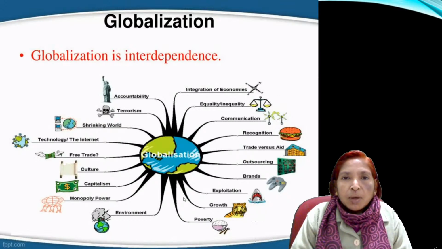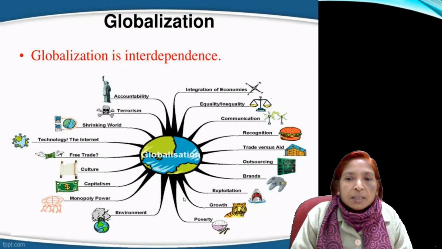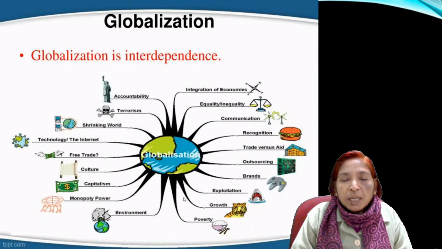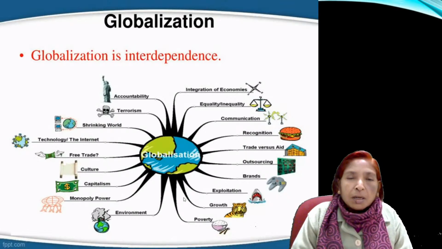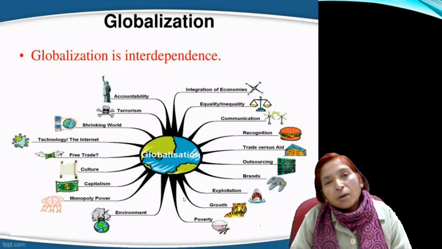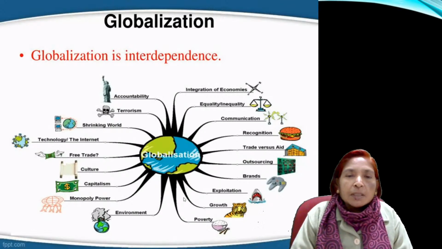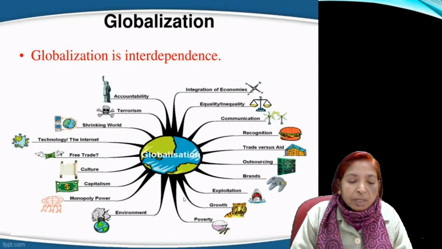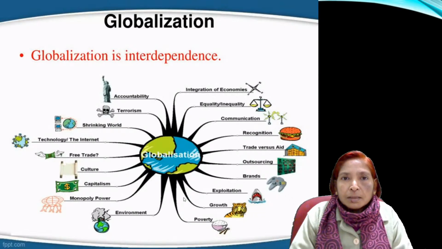So there may be inequality or equality, and the communication system is not very much developed in least developed countries. So least developed or developing countries are dependent on developed countries, and for some other things, developed countries are also dependent on developing or least developed countries. In this way, we can say that all countries are interdependent on each other, interlinked with each other.